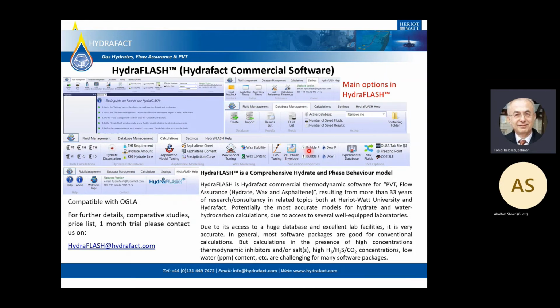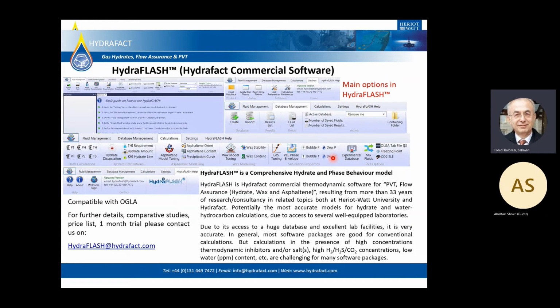We can do bubble point measurement, predict bubble point. If you have the temperature, it will give you the bubble point pressure, and if you have the pressure, it will give you the bubble point temperature. And this is the dew point.